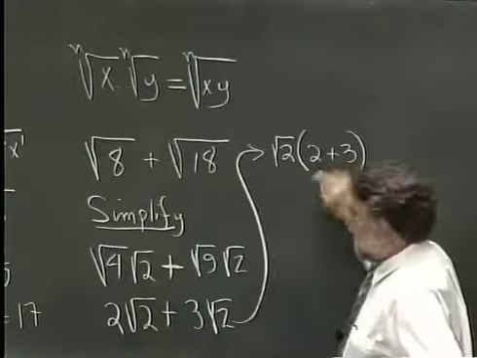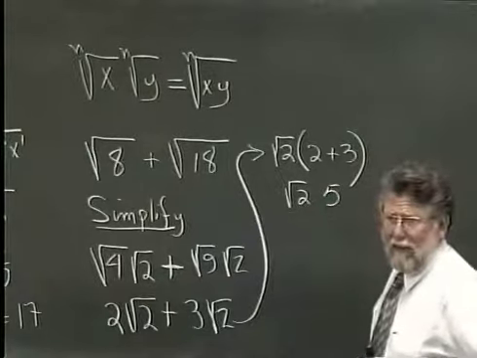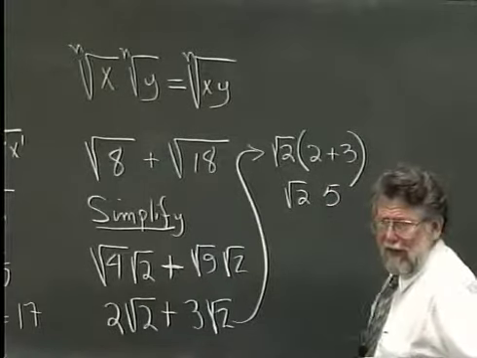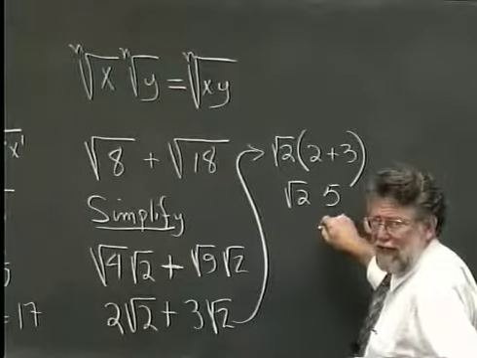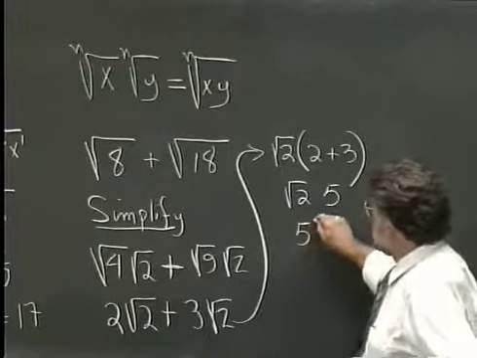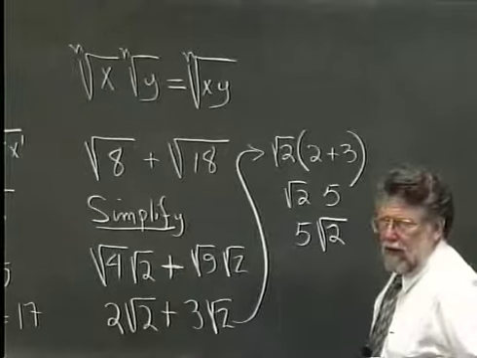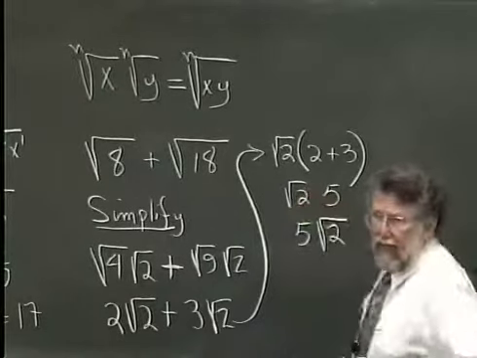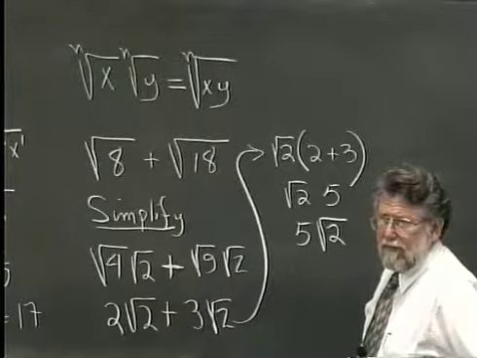And then 2 and 3 is 5, so you have the square root of 2 times 5. But what's bad about that? We mentioned that yesterday. Because you don't know if I mean 2 or 25 inside. So to avoid that confusion, I do what? 5 in the front and the square root of 2, so that it's clear that that radical ended at the 2 and not the 25.